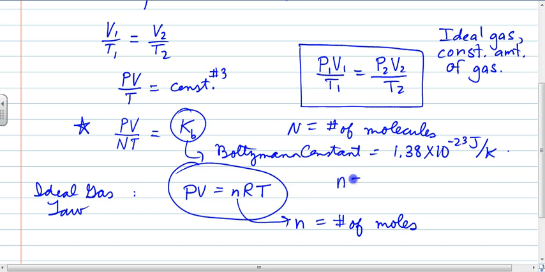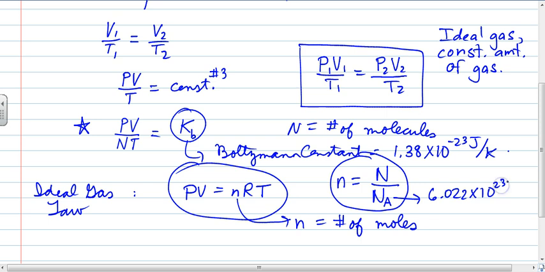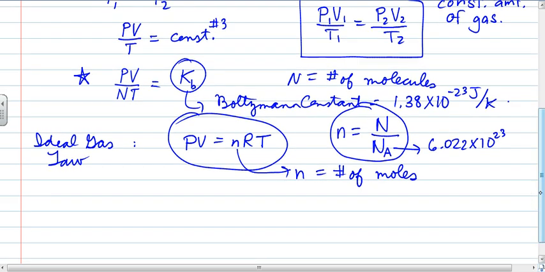Well, we know that the number of moles is going to be the number of molecules divided by Avogadro's number. So this is a neat little way to link these together. And of course, Avogadro's constant is 6.022 times 10 to the 23rd. That's the number of molecules per mole.